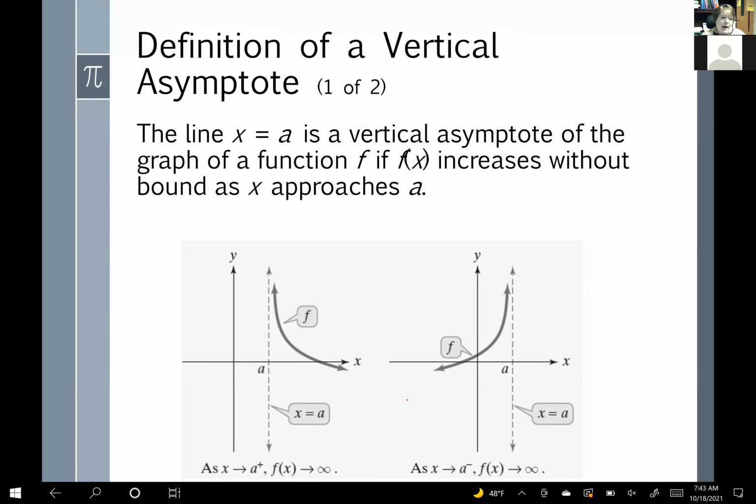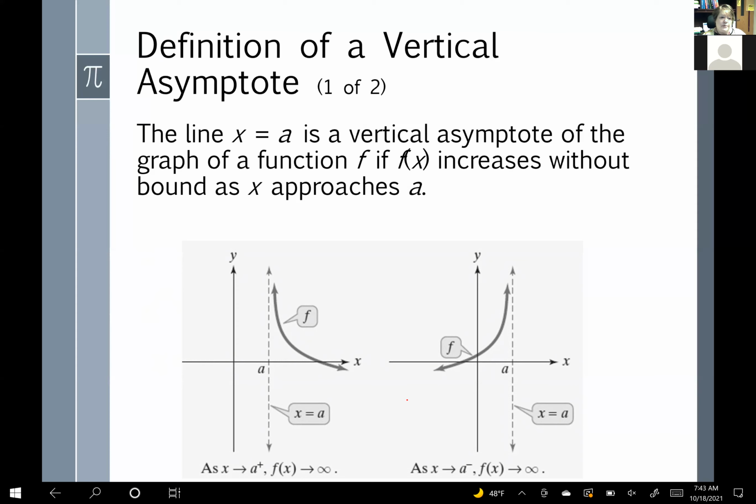And it's a vertical asymptote if, as my function approaches that vertical line, it increases or decreases, which is the next slide, without bound.